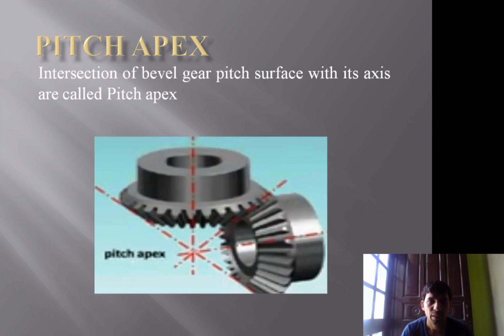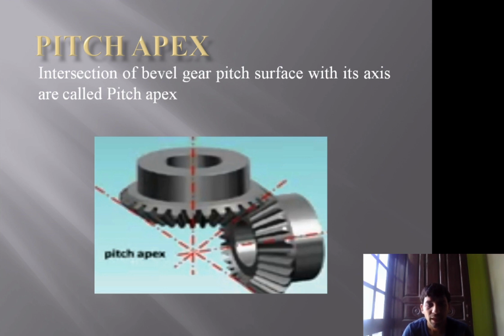Next is pitch apex. What is pitch apex? Pitch apex is the intersection of the bevel gear pitch surface with its axis. In simple form, the intersection of the bevel gear pitch surface with the axis of the shaft is called the pitch apex.